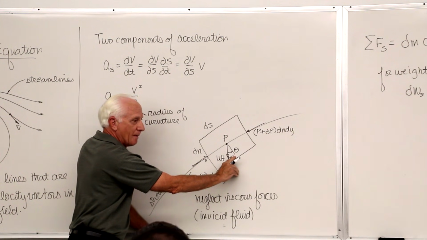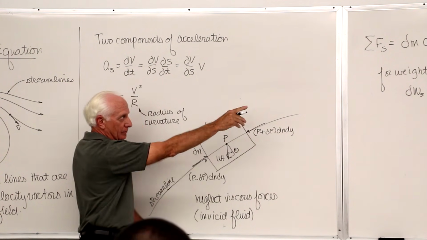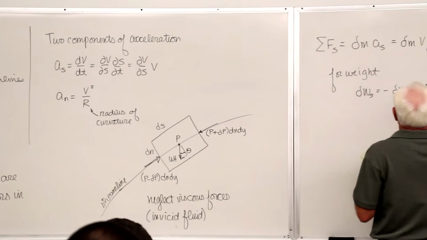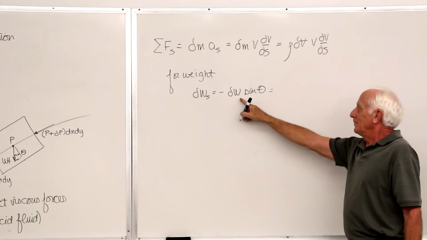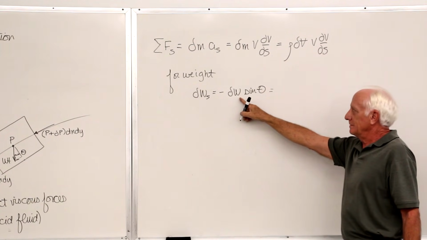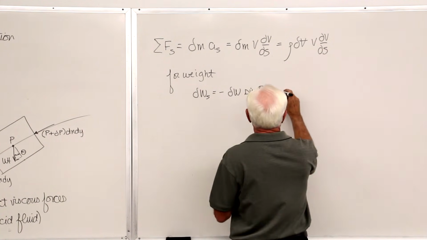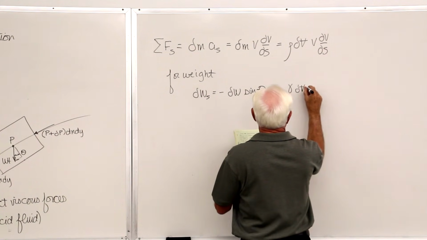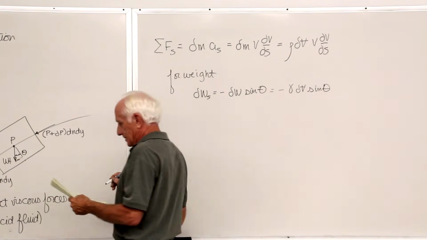Notice which way it points, minus the sine. What's the weight? Gamma times the volume. So minus gamma delta volume sine theta. That's the component of weight in the S direction.